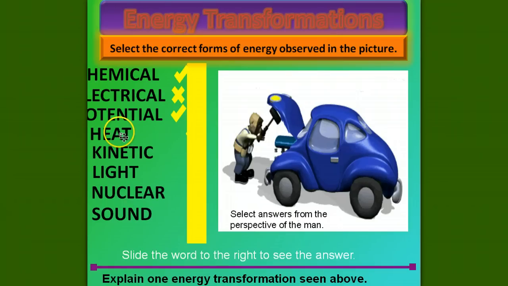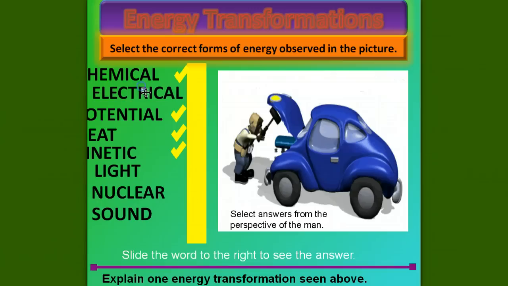What about heat energy? Sure, he's putting off heat. He's sweating up a storm trying to hammer into that car. What about kinetic energy? Sure, he's in motion. He's really going to hammer that thing. What about light? Does he have any lights hooked up to him? No, that would not be right.